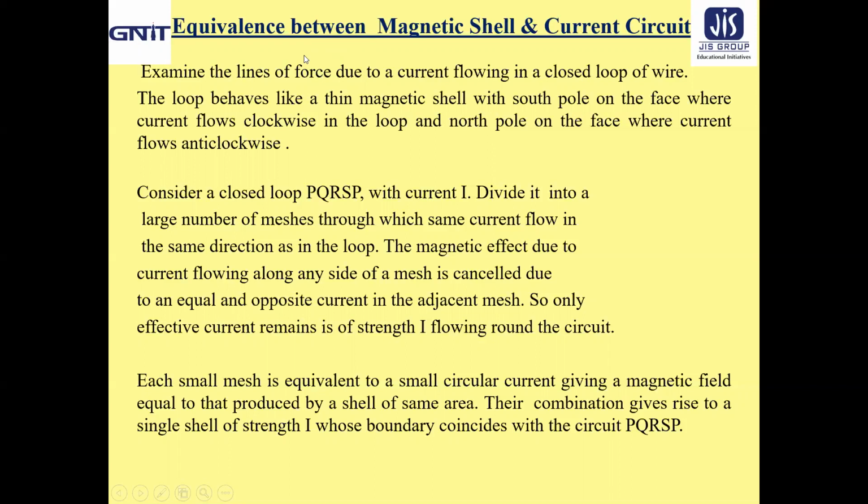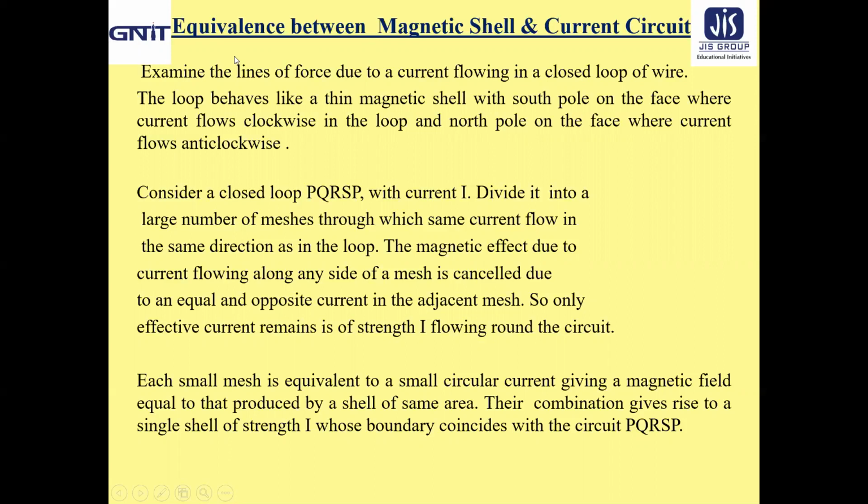Now, today we will look at this phenomenon in a little bit different way. That means in the form of equivalence between a magnetic shell and a current circuit, and from there we will try to get the idea about the second law in magnetostatics, that is Ampere's circuital law.